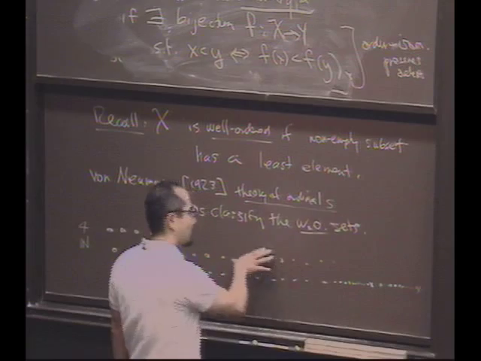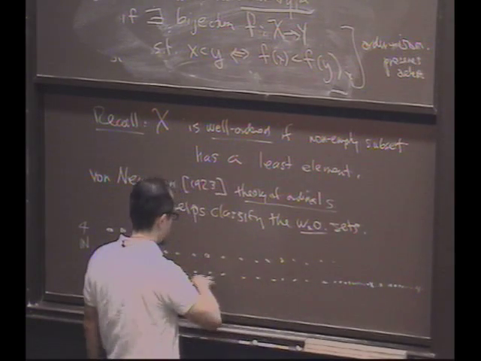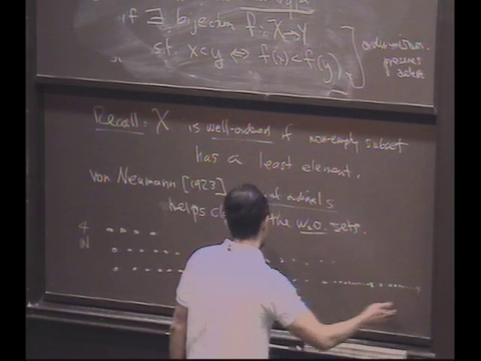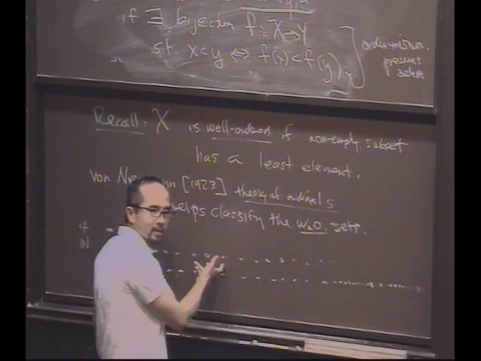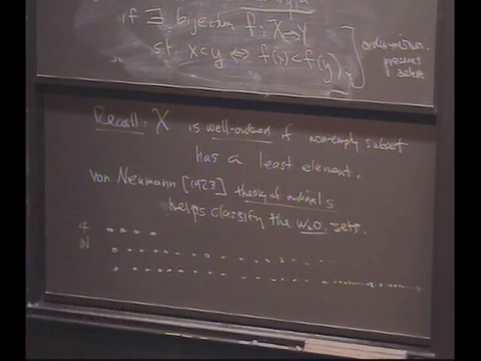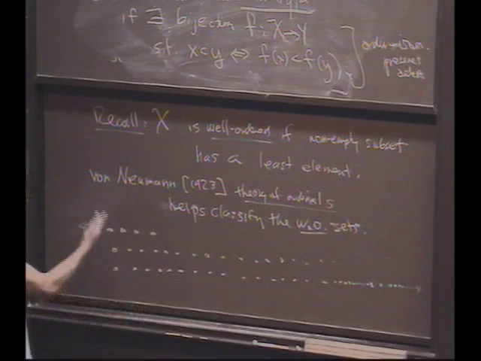Is this set, with two natural-number-indexed collections and a few points at the end, order isomorphic to this one? No, there's no bijection that will preserve order. Okay, so there are lots of well-ordered sets, and von Neumann asked, can you give me a way to classify all possible well-ordered sets?